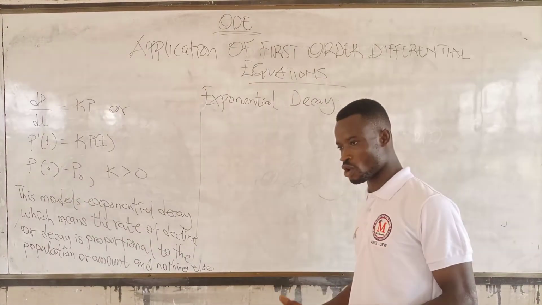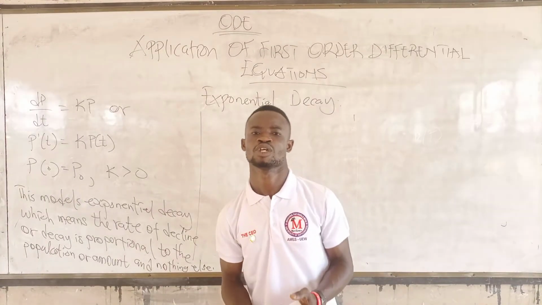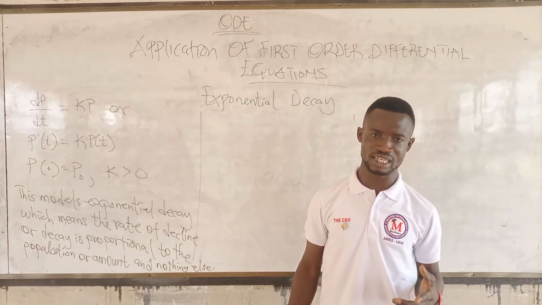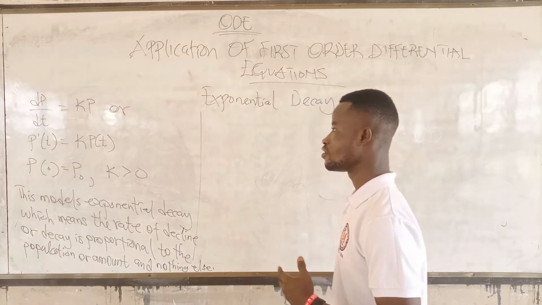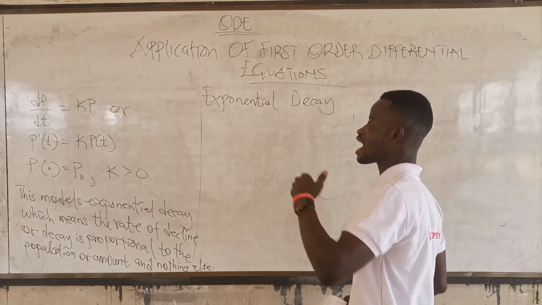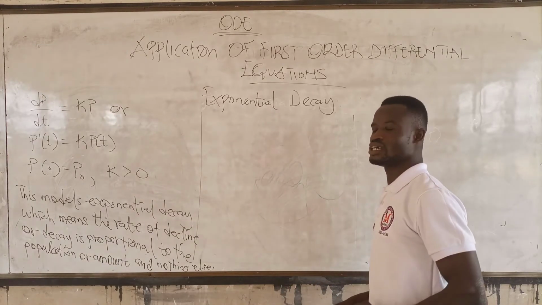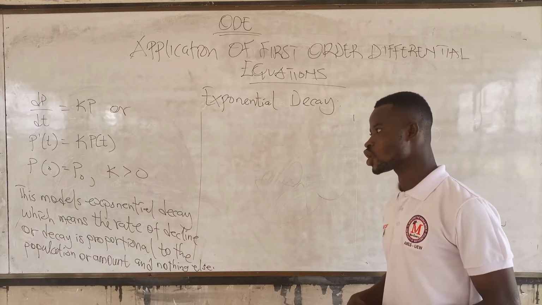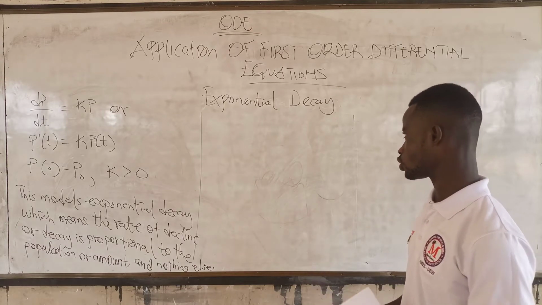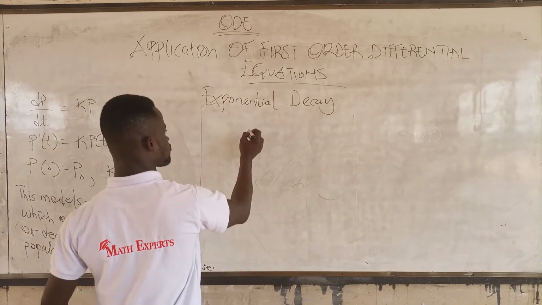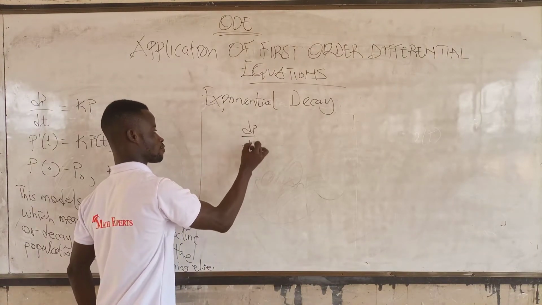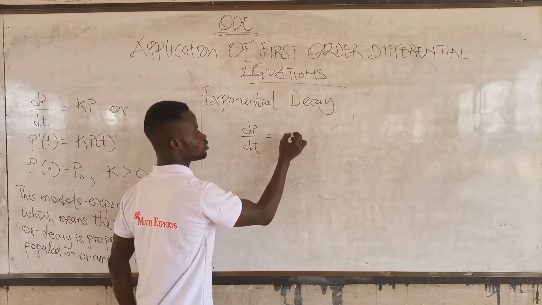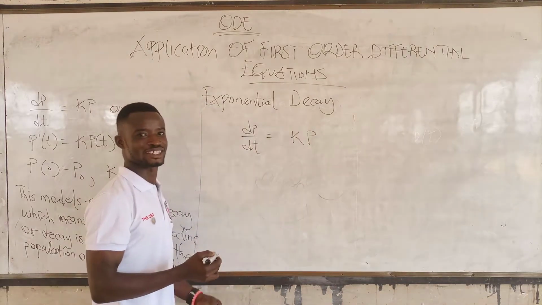Now you know from the beginning that integration is a reverse process of what? Differentiation. Very good. So if you have dP over dt, which is equal to kP, then we can go and find the function. Alright. So from your techniques, we can do that.